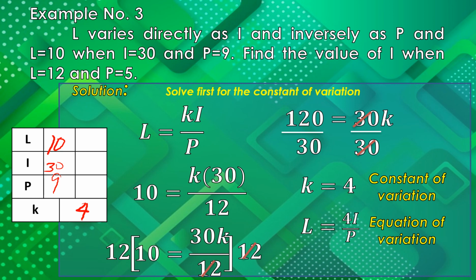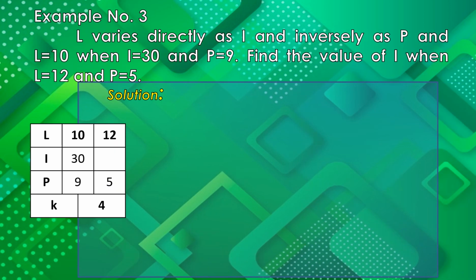Then, using the equation of variation, we can now find the value of I when L is 12 and P is 5. From that, hanapin natin yung I, equation of variation, palitan lang natin ng L ng 12 at saka yung P ng 5.